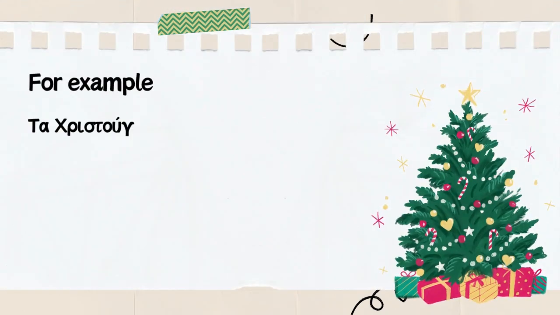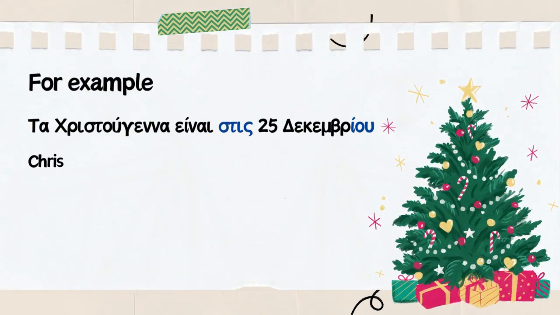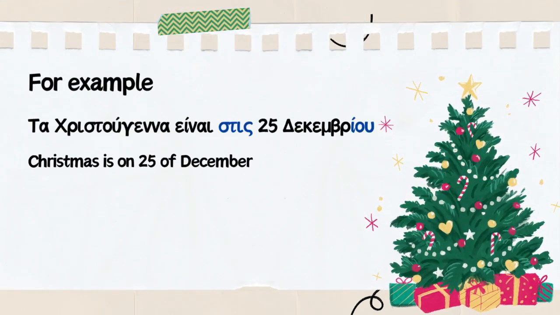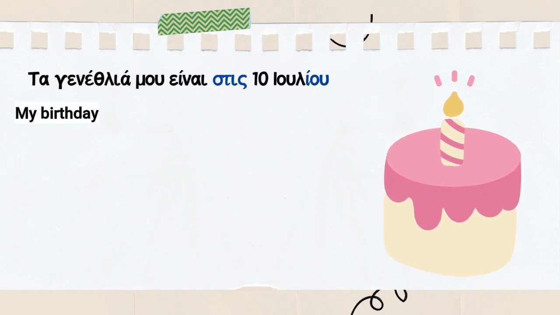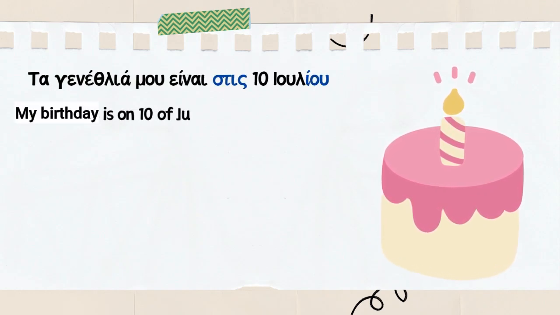For example, τα Χριστούγεννα είναι στις 25 Δεκεμβρίου, on the 25th of December. Τα γενέθλιά μου είναι στις 10 Ιουλίου, on the 10th of July.